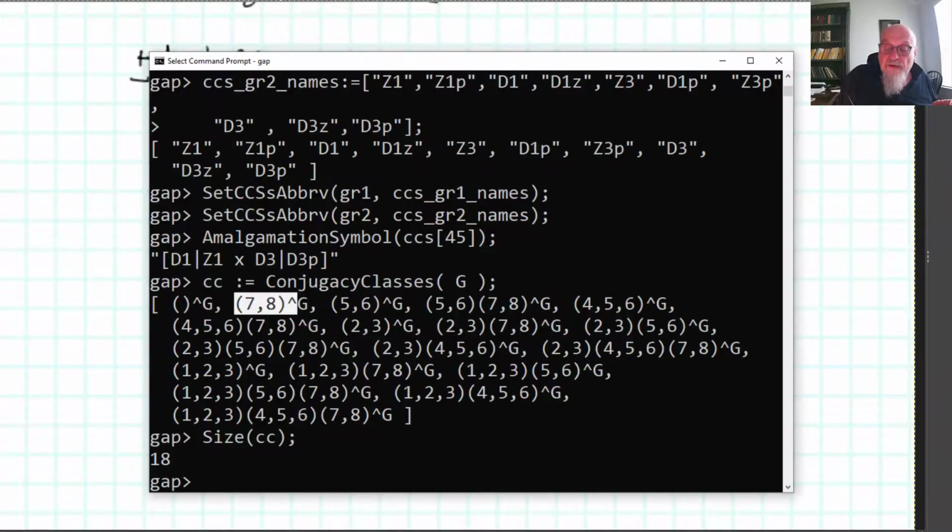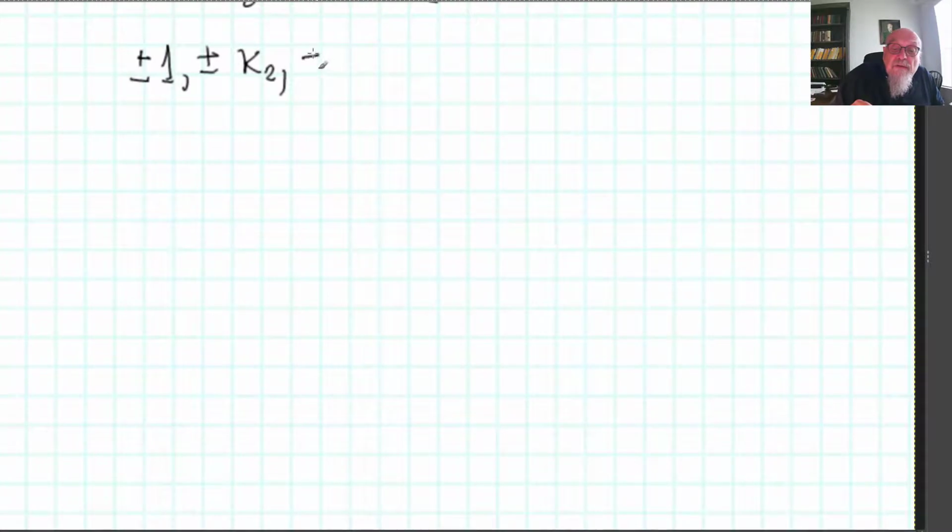And then you do similar identification. Here you see this is 4, 5, 6, so that's a rotation. This is the rotation in the second copy of D3. So let me write it down. This will be plus minus gamma 2.